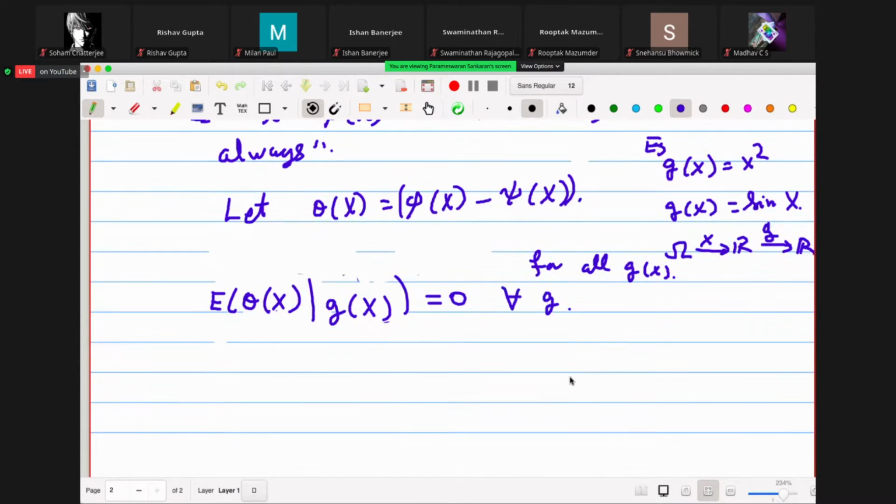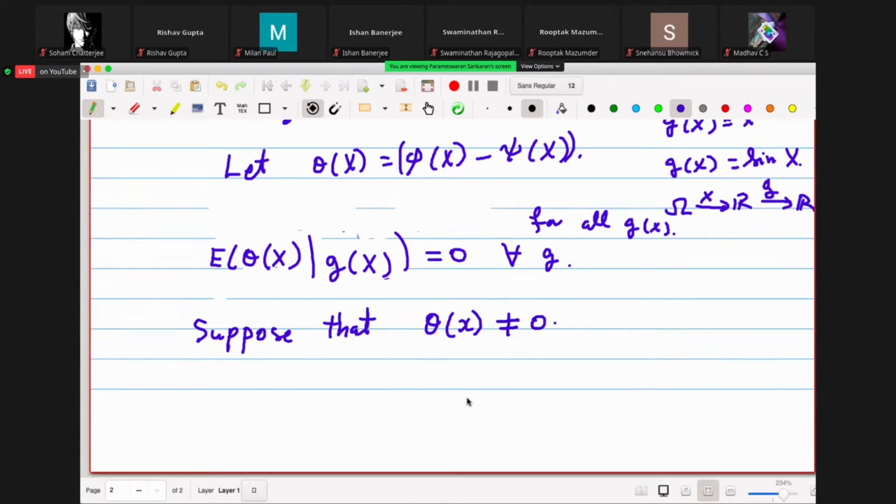And now let us look at some place where this is not equal to 0. So suppose that theta of little x is, say, positive. It could be negative also. Let us say this is not equal to 0. Now I choose my g(X). So I have to choose my function, right? Constant function g.